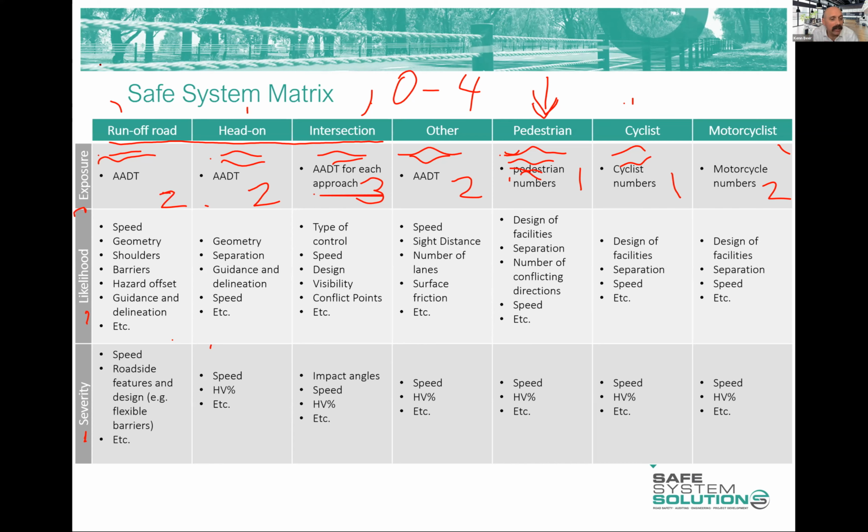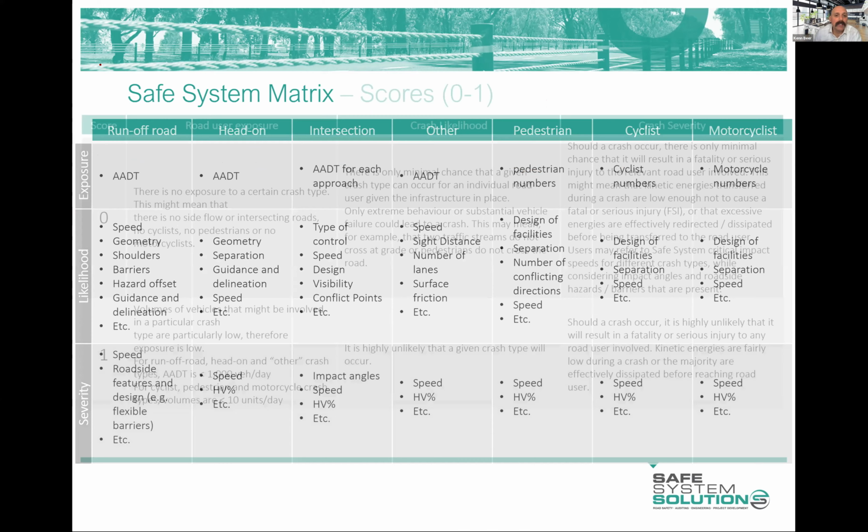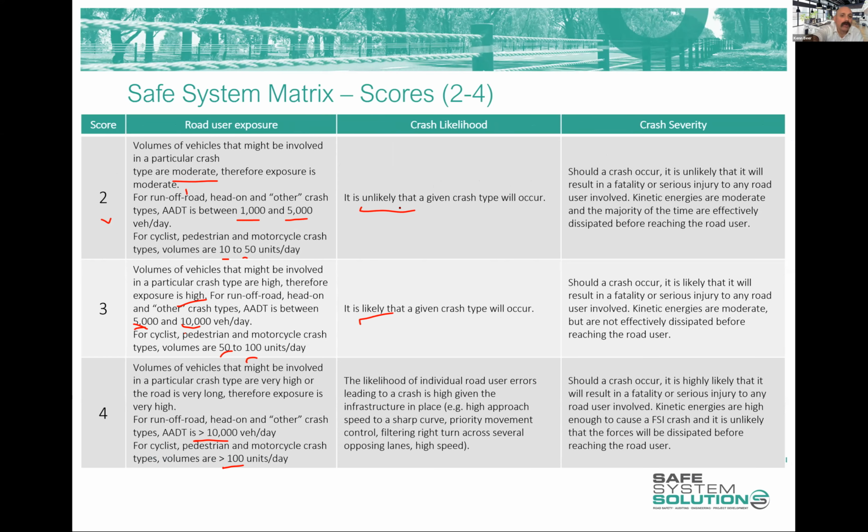Yes, there's a run of trees down the side, but they're offset by about 8 meters or so. So I'm factoring all of these things in, and you might decide, okay, well, I think that it's unlikely that a given crash type will occur.